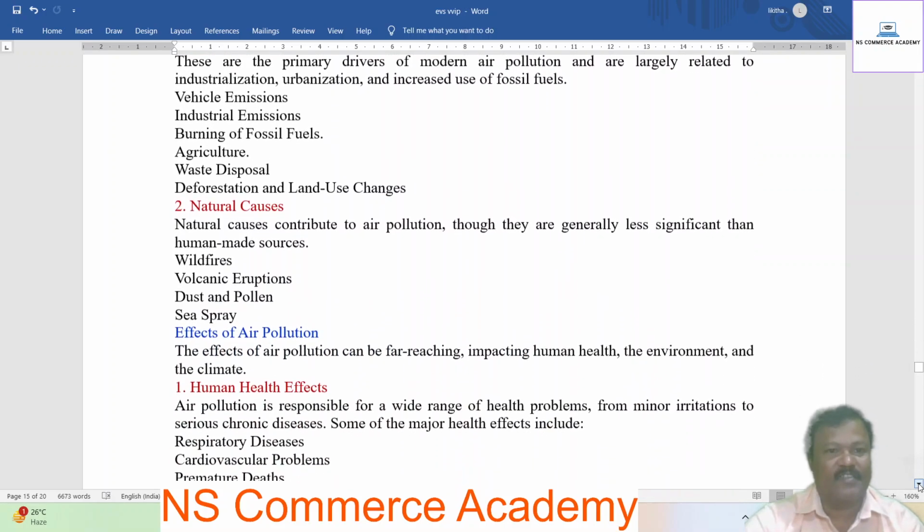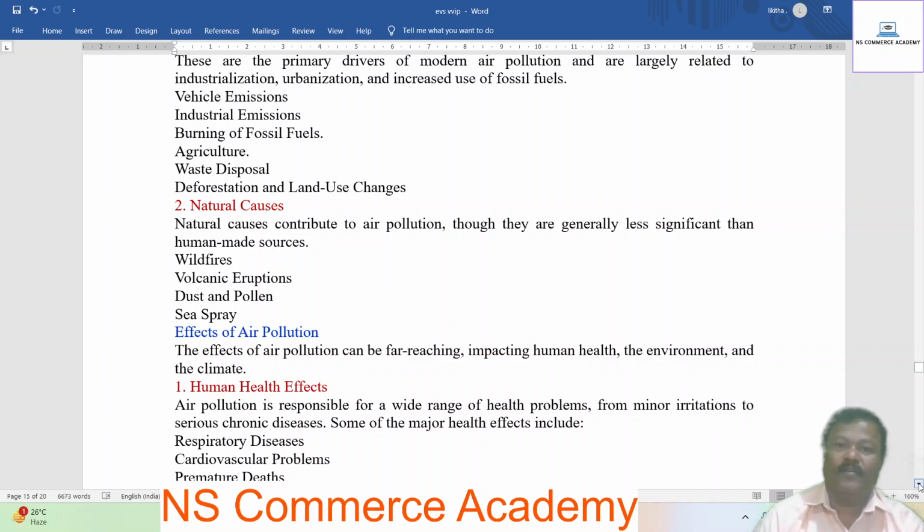Next, natural causes. Natural causes contribute to air pollution though they are generally less significant than human-made sources: wildfires, volcanic eruptions, dust and pollen, sea spray.